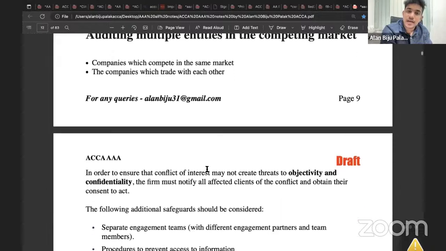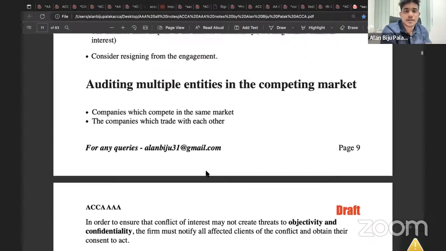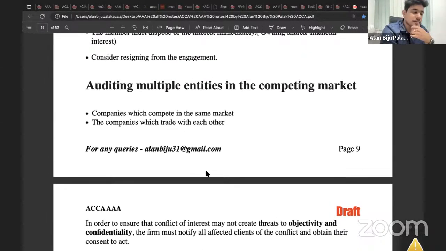And mainly, we have studied one of the most important threats, that's auditing multiple entities in a competitive market. You have to clearly read the scenario. It may be mentioned in the introductory paragraph that the client company is operating in the pharmaceutical industry. And at the end of the scenario, it may be mentioned that the auditor is also responsible for another entity's audit, which is also operating in the pharmaceutical industry.